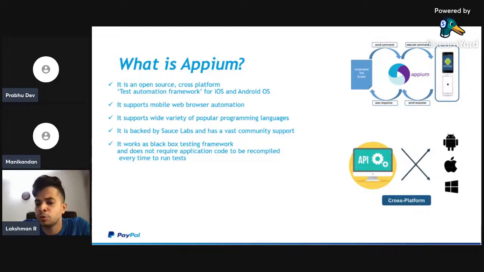Later, from 2016 till date, Sauce Labs donated it to the JS Foundation, so they are making sure that Appium remains open source. It is not a beta version; it is open source, free licensed, with no cost to be invested. JS Foundation is taking care of that. So yeah, why do we use Appium? Next slide.